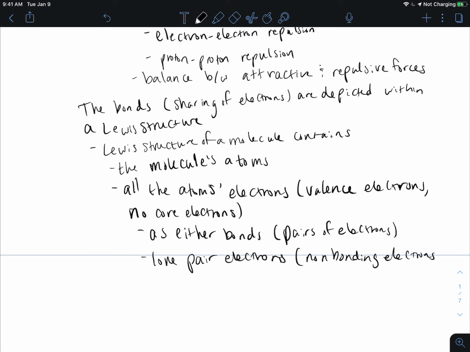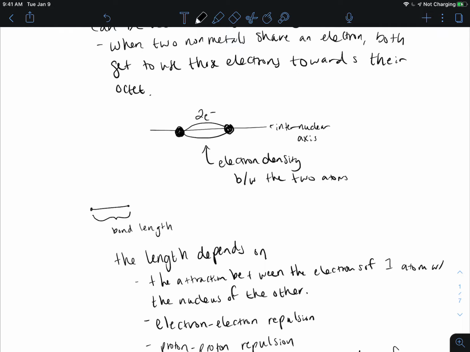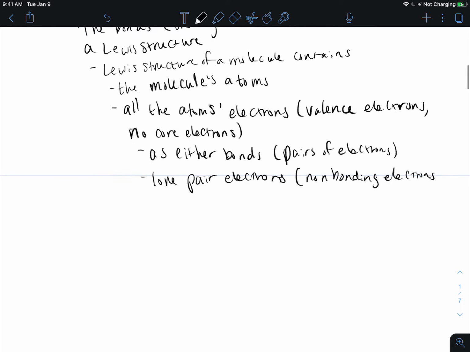So they will not be in between two nuclei on the internuclear axis. So those are the two we generally look at. We can also have radicals. So if you've ever listened to any infomercials, you've probably heard of radicals. Radicals are unpaired electrons.